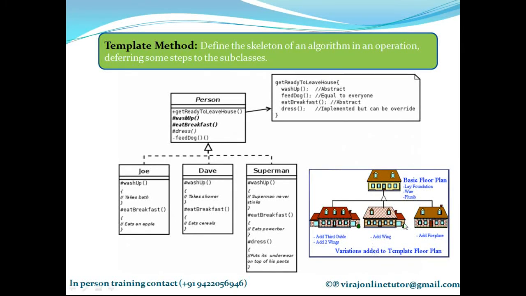For this example, I'm just adding one wing. And for this example, I'm adding a fireplace. So the basic floor plan is the same, but here I'm adding two wings and a third gable, here I'm adding one wing, and here I'm adding a fireplace. That means some of the steps I'm deferring to the derived classes, but the basic skeleton is the same.